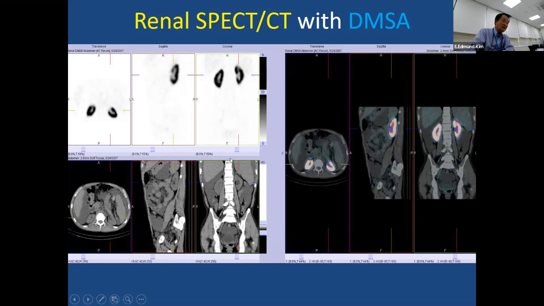This is an old slide, but it was very helpful. Now using a better, higher resolution SPECT CT system, even small lesions can be evaluated better.